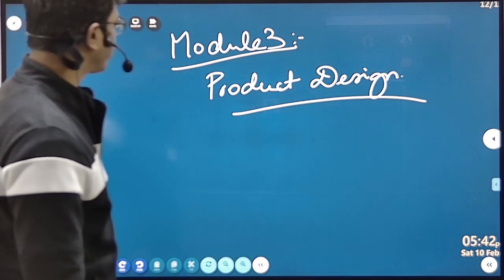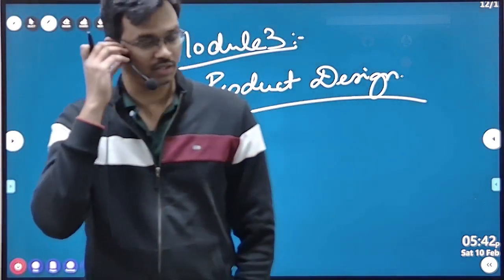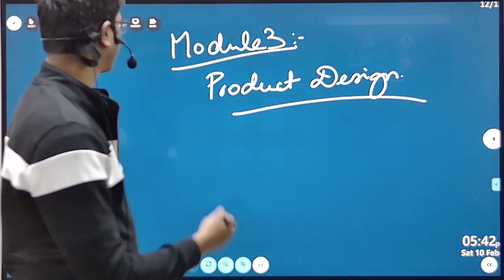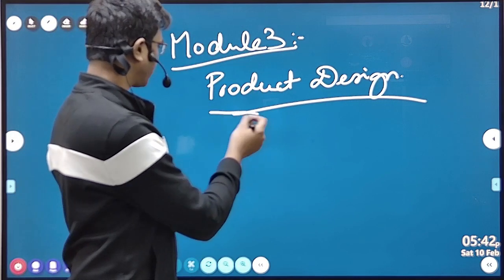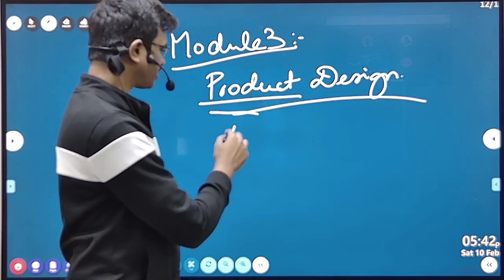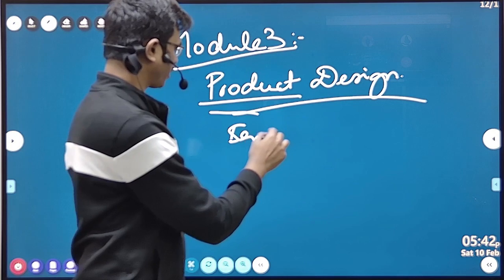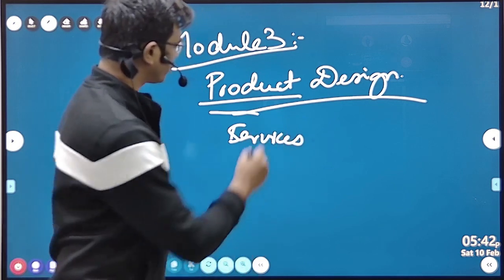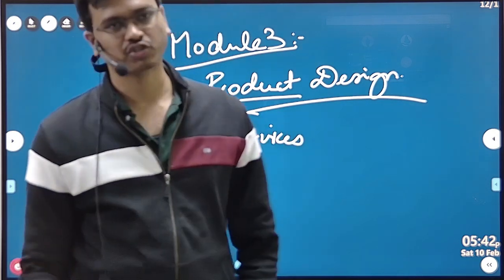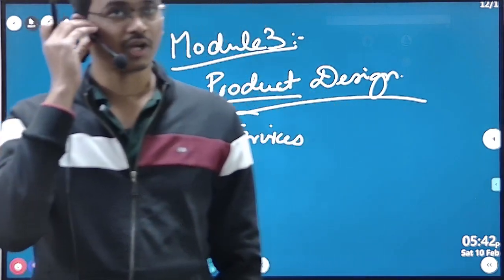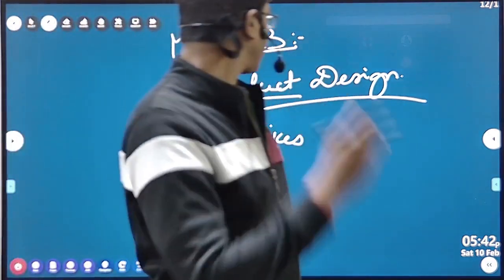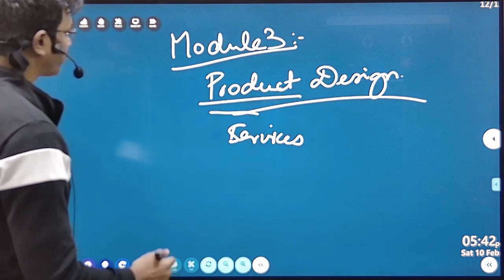Okay, so we know that any organization will have to either give products or provide services, right? So this is the business of any organization. So when it comes to product design, what is product design?